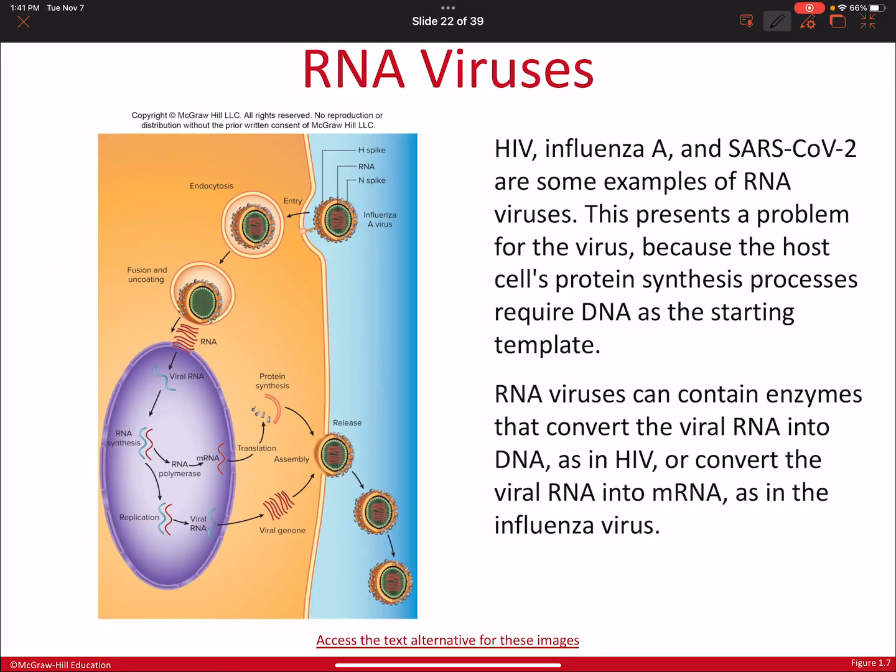Well, RNA viruses are a specific type of virus. They present a problem for a virus because the host cell's protein synthesis requires DNA as the starting template. If you're a virus and your genetic material in here is RNA, the host cell doesn't really read RNA right away.